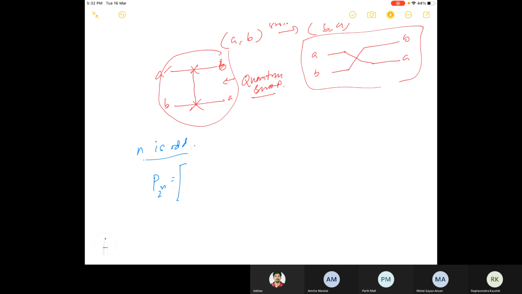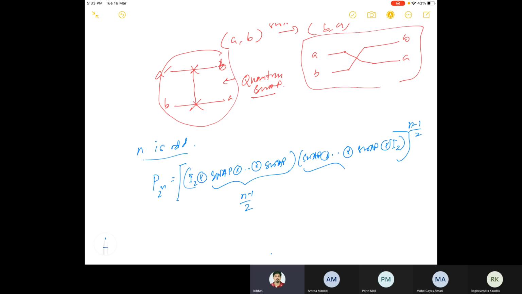This is identity times swap times swap times identity, to the power n minus 1 by 2, whole times I2 times swap swap, also to the power n minus 1 by 2.